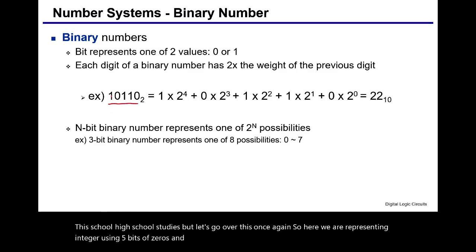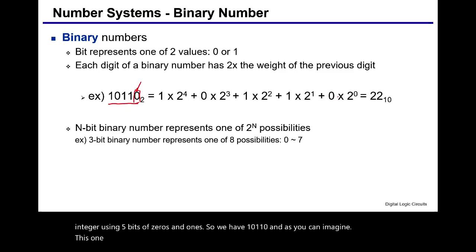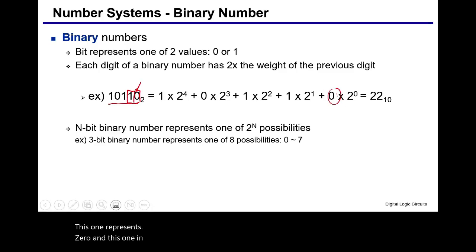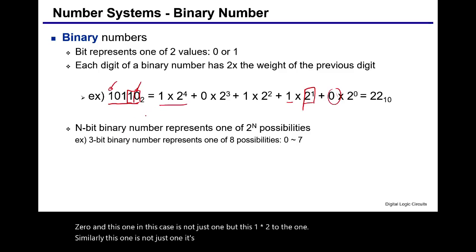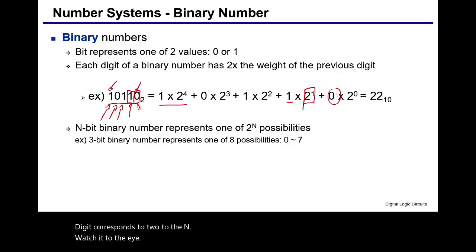So we have 1 0 1 1 0, and as you can imagine, the last digit represents 0, and this one in this case is not just 1, but 1 times 2 to the 1. Similarly, this one is not just 1, it's 1 times 2 to the 4. So each digit corresponds to 2 to the i.